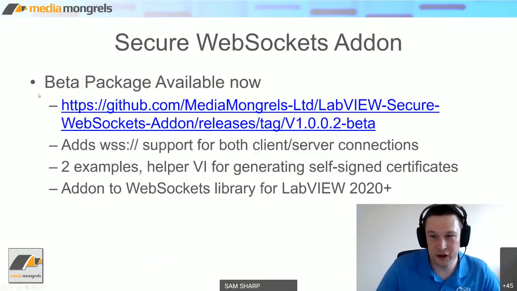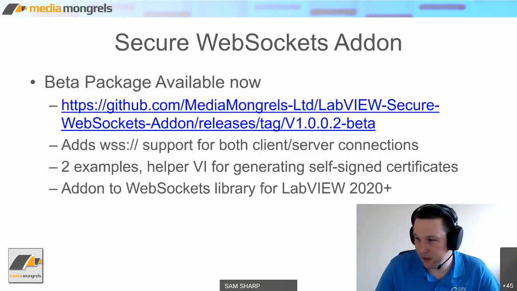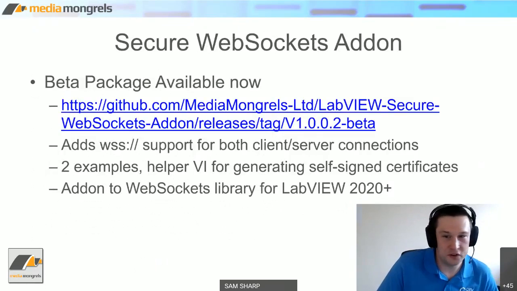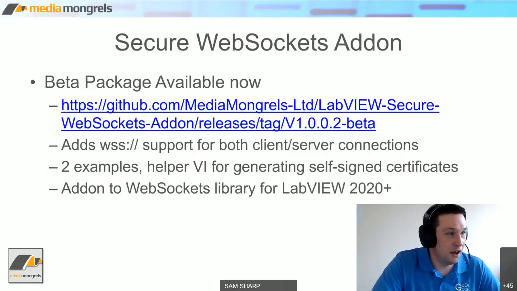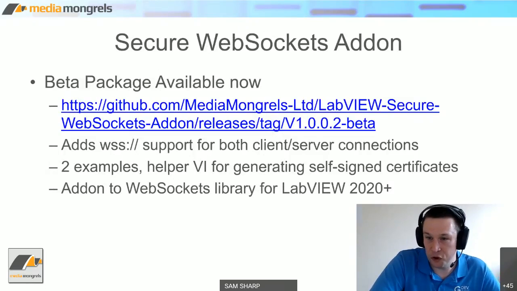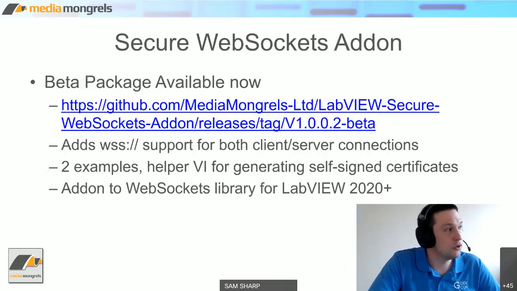Okay, I'll move on a little bit then, because we're up to time. One of the things that I'm pleased to announce is that there is now a beta package at the GitHub repository, which adds secure WebSocket support (WSS) for both client and server connections. It's a beta package.